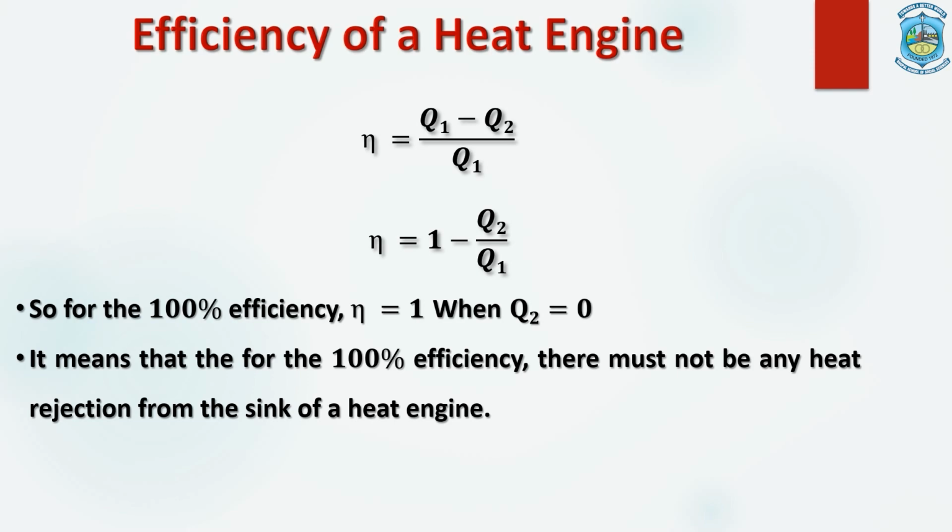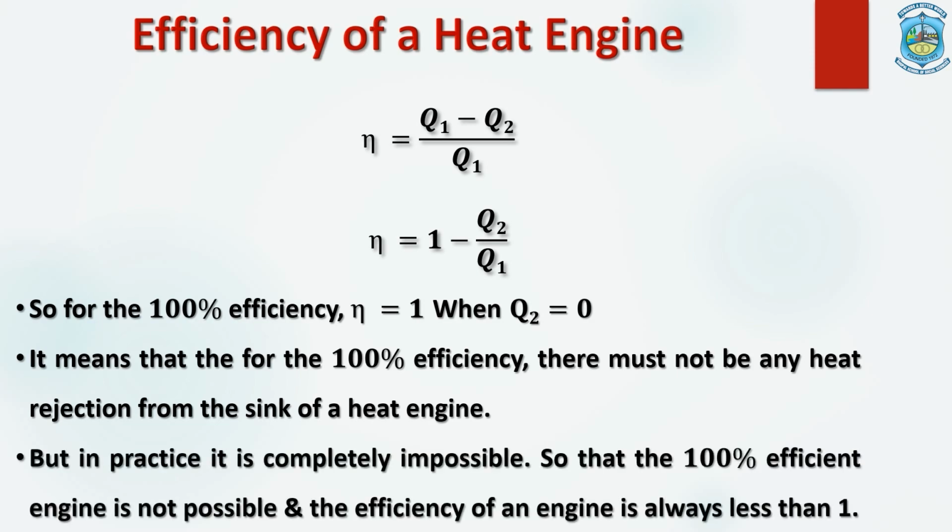So we can say that there is not any 100% efficient system that converts source energy completely into mechanical work with no sink energy. So in practice there is not any heat engine that is 100% efficient, and the efficiency of a heat engine is always less than 1. In percentage, it is always less than 100%.